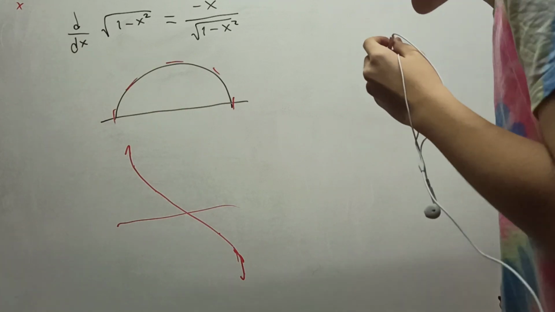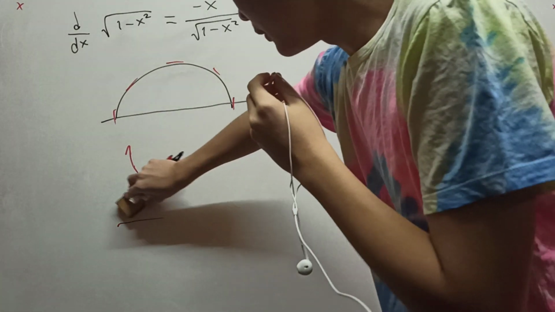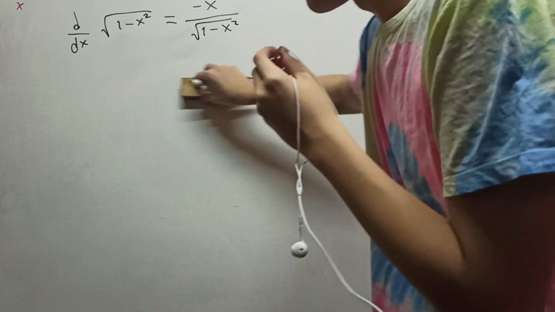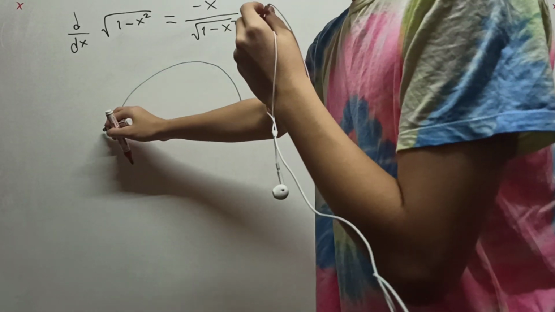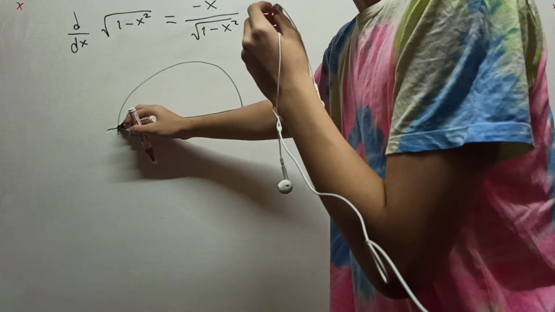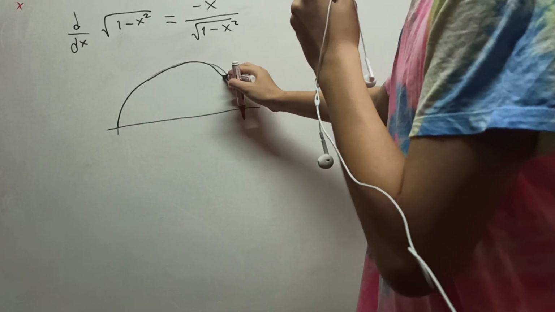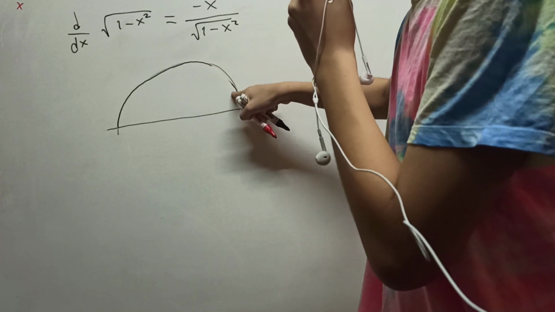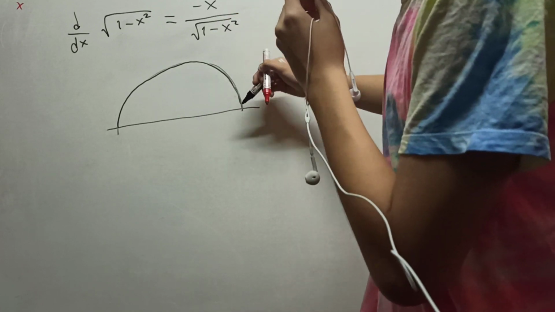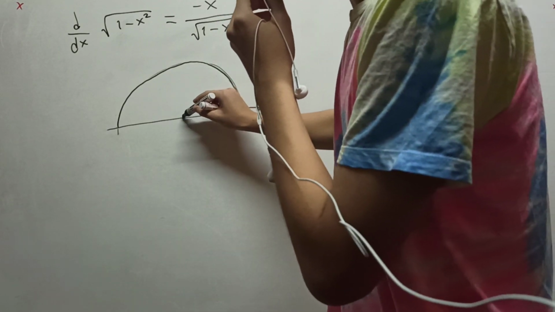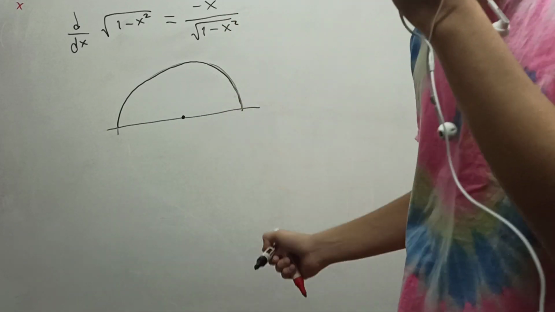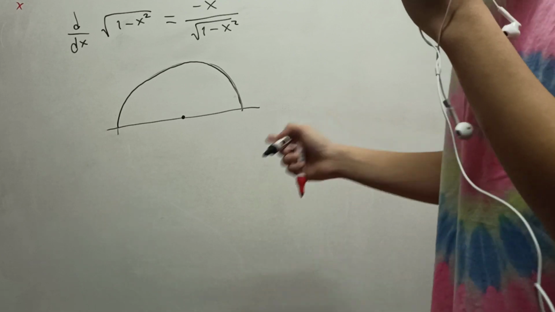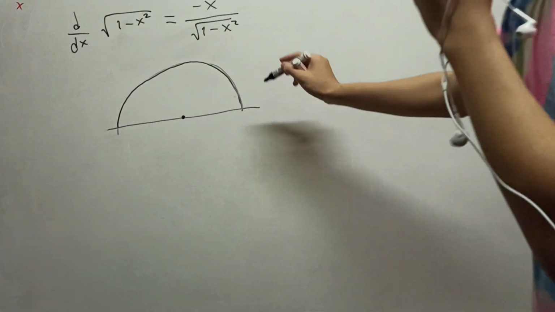Well, let me remove this first, and let me redraw. If you think about the unit circle, tangent is sine over cosine, where sine is the y position and cosine is the x position of the unit circle.